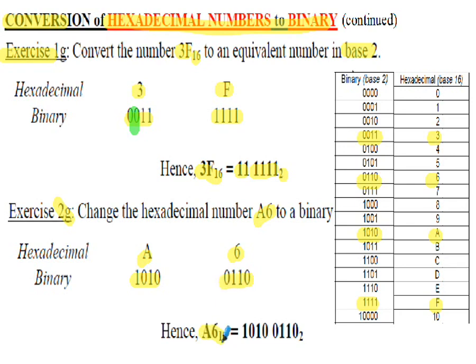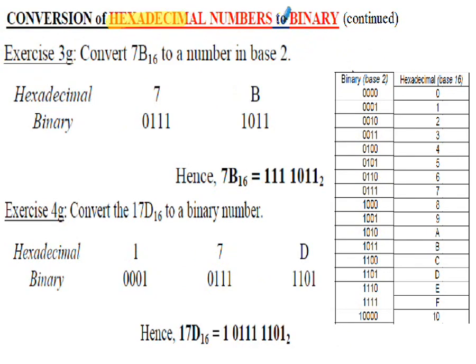So A6 in hex is written as 1010 0110 in base 2. Conversions of hex to binary continued here. Exercise 3G, you're given 7B in base 16, convert to base 2. I'll let you look at the solution here. And exercise 4G, you're given 17D in base 16, convert to binary. Again, the solution is given here for you.